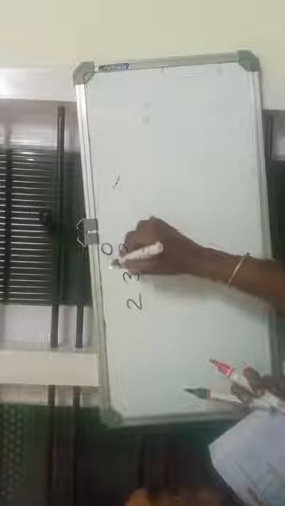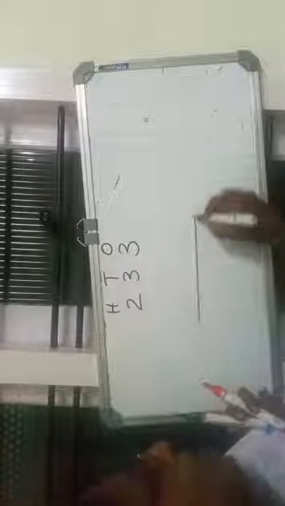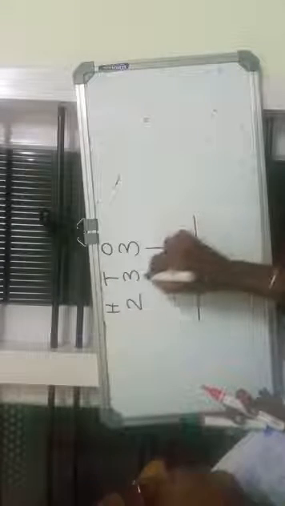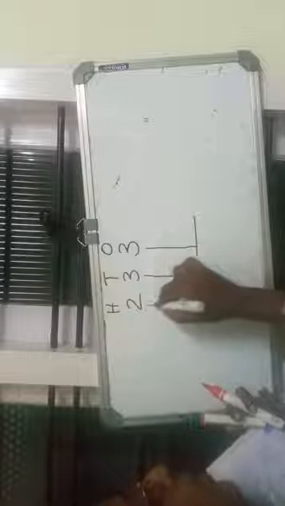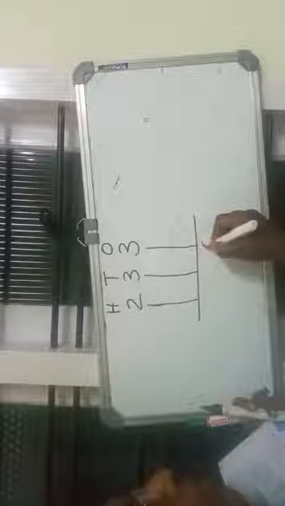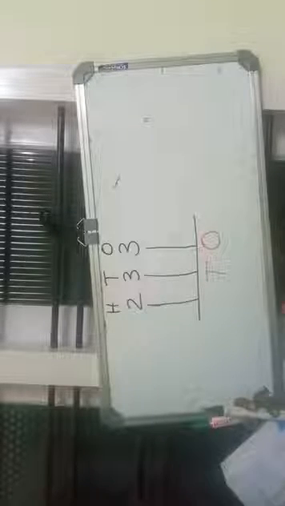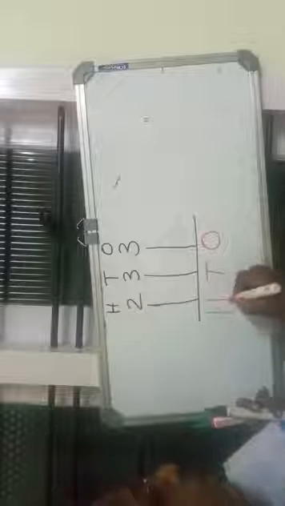Then ones, tens, hundreds. Draw abacus, 3 spikes and mark. Here it is ones. Which is this? Tens. Which is this? Hundreds.